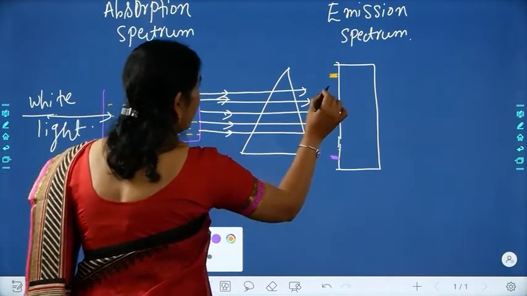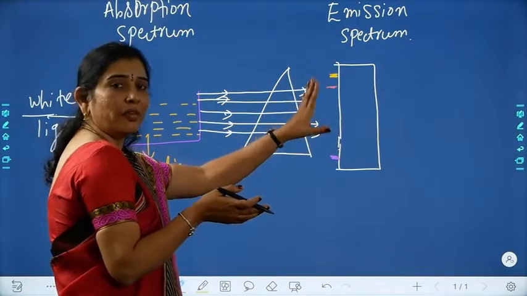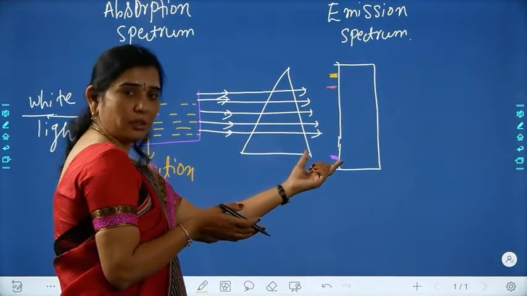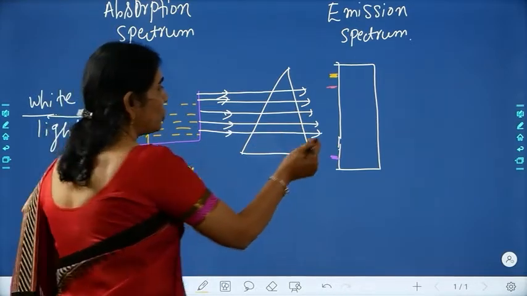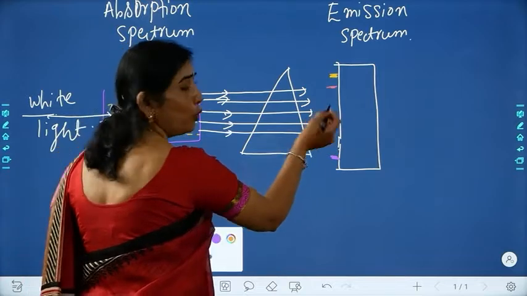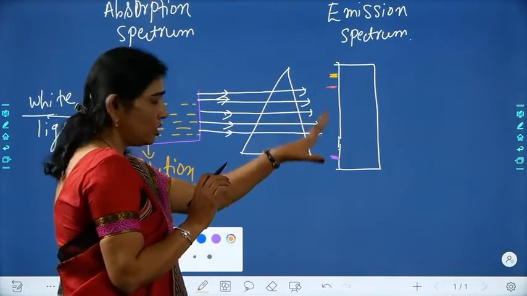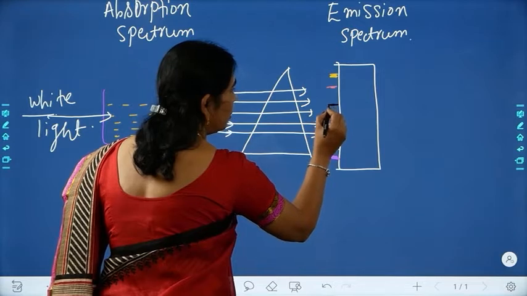Now red light radiation. So like this, all other different colors will be there, but excluding what? Blue and green light. Actually at this region, for example, you assume it is supposed to be blue and green light on this photographic plate, but which is already absorbed by that solution.